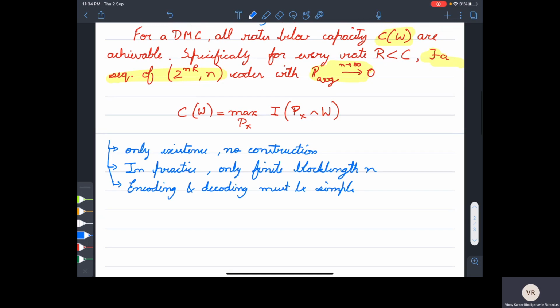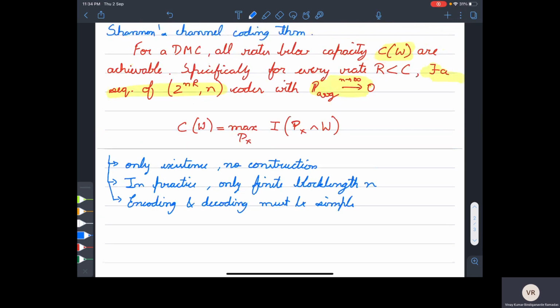Well, if you recollect the proof of this channel coding theorem, the achievability uses a random coding argument. Such random arguments are hard to implement in practice. Hence, you need encoding and decoding mechanisms which are simple, which can be implemented.